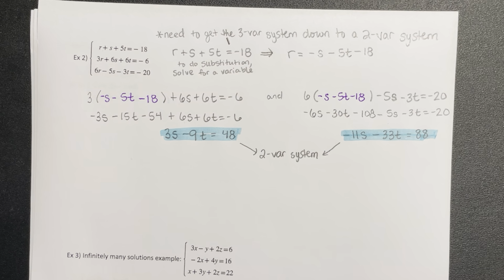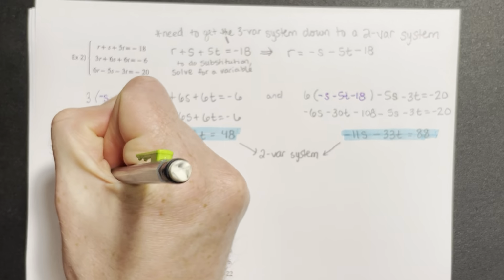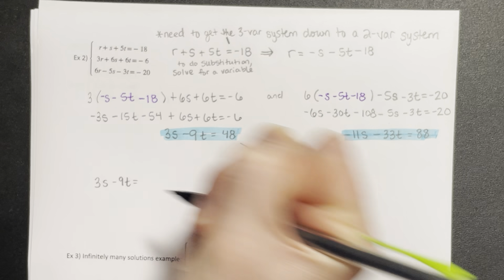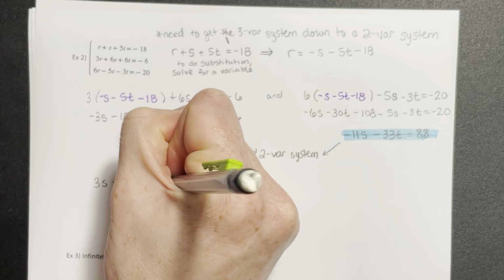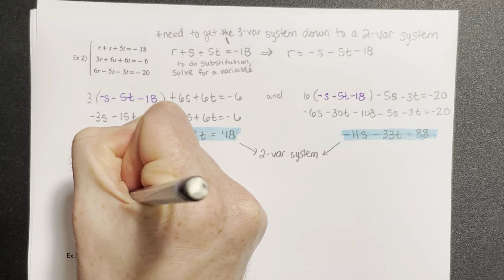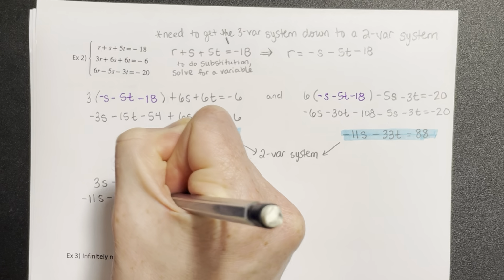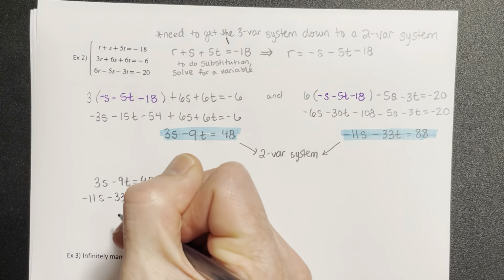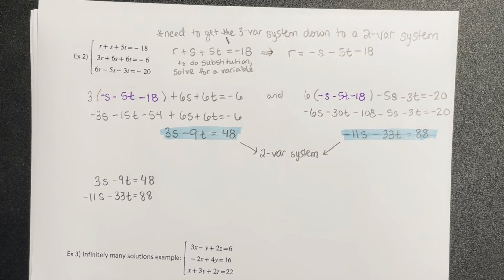We can solve that two-variable system with whatever method we want. So I'm going to take that over here for space, but 3s minus 9t equals 48, and negative 11s minus 33t equals 88. So we decide how we want to solve that.